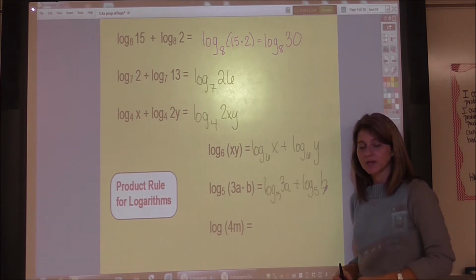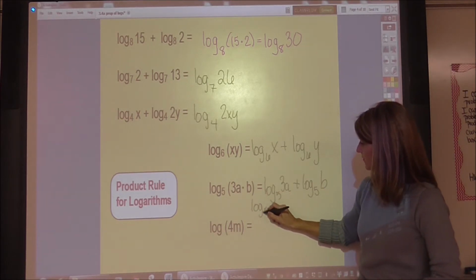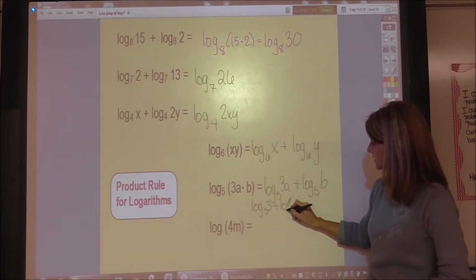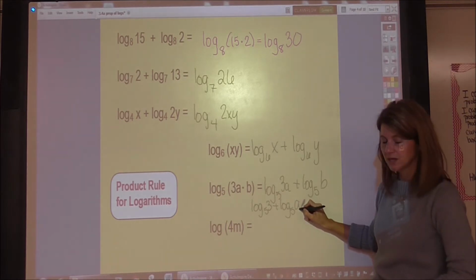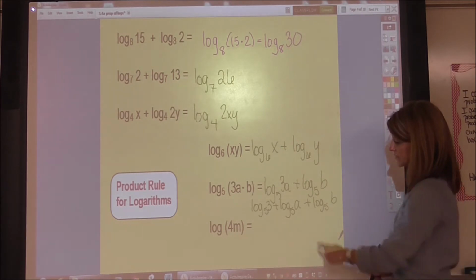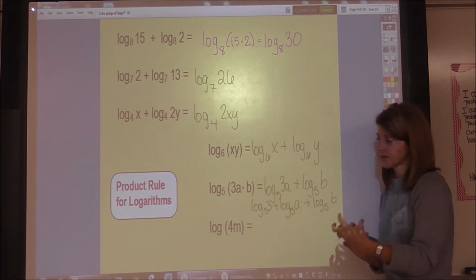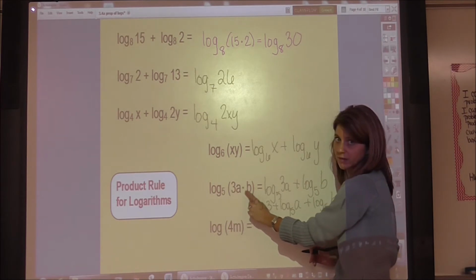That 3a is multiplied together. You can break that apart. Please do. So I'm going to break that one apart. Log base 5 of 3 plus log base 5 of a. And I still have plus log base 5 of b. So when they're all added, that means the 3 and the a and the b all get multiplied together, and that's really what I have is 3ab.